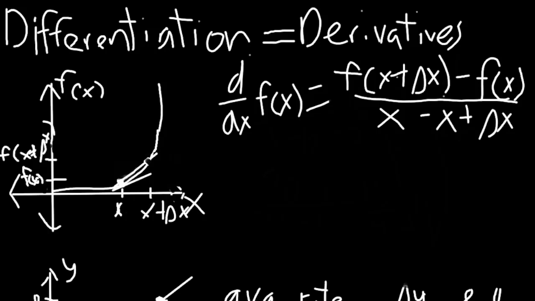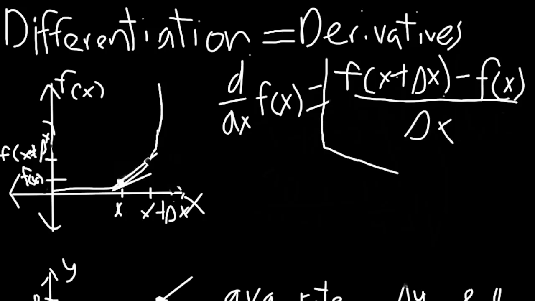So it's x minus x. Let me just go ahead and delete it and rewrite it. These two x's cancel at the bottom, and the whole thing really just ends up being divided by change in x. So this is the equation we derived, and this is the most general equation we can create.